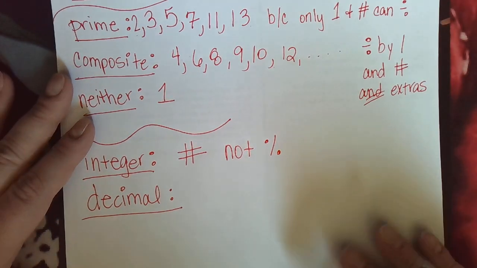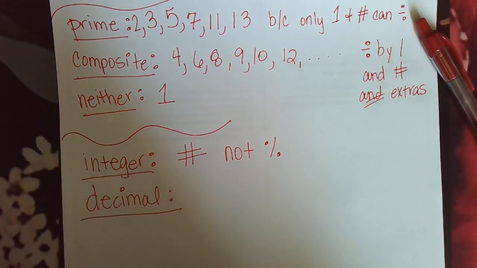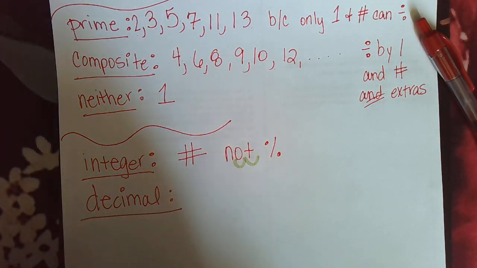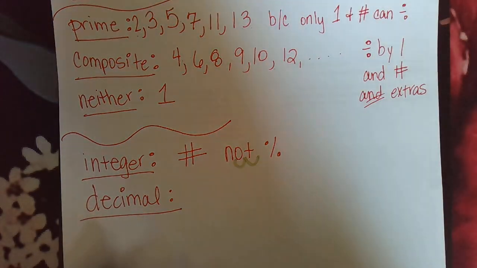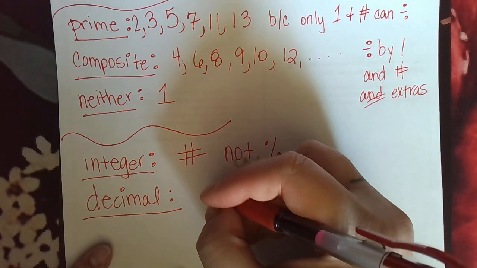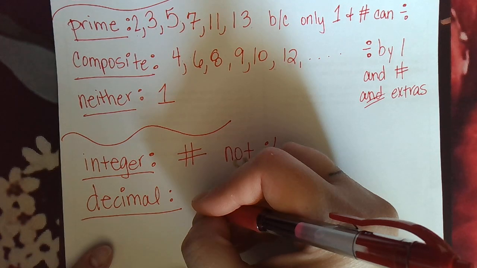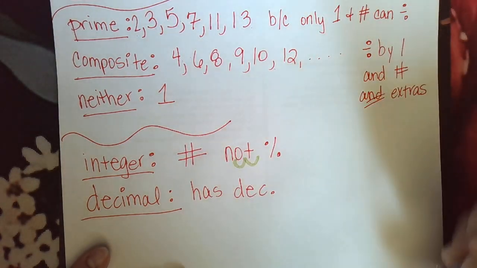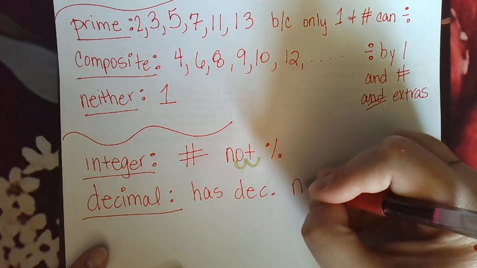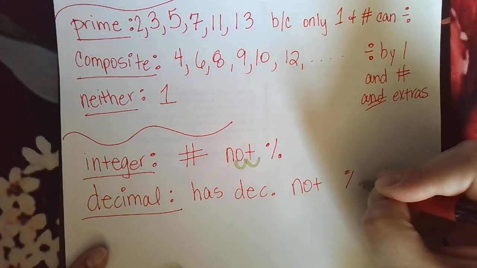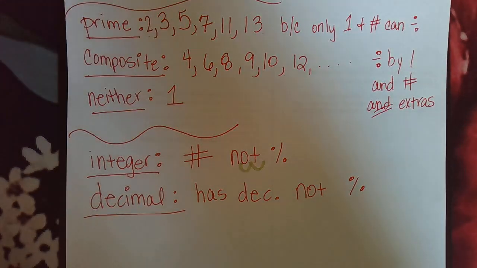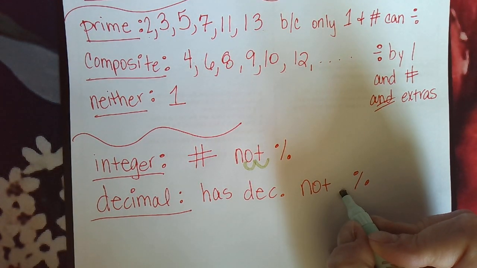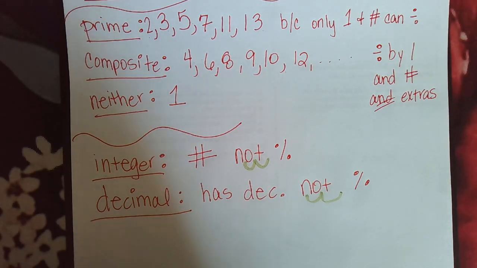So if they give you a percent, you have to take that decimal and move it twice to the left to make it an integer. A decimal has a decimal point. It's not whatever number they give you as a percent.